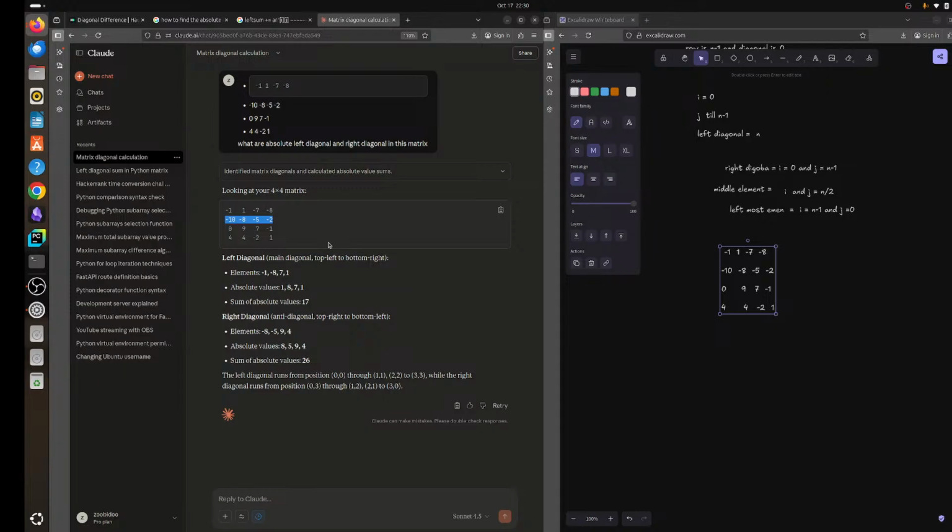So for the left side, diagonal will be different and right side diagonal will be different. So i equals to j will pick all the right. That's right. Issue is with the left side.